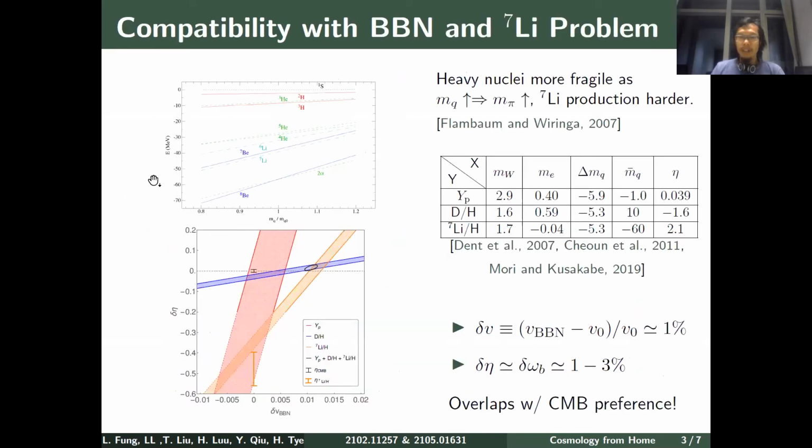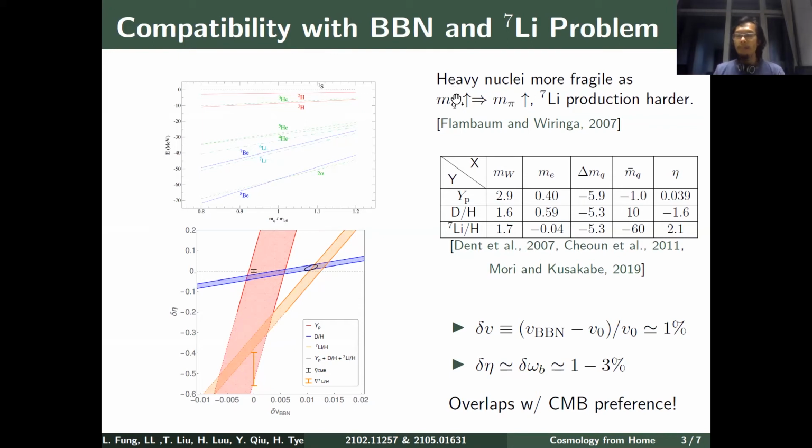Because of the change of the pion mass and all the subsequent changes, heavy nuclei, say lithium-7 and its progenitor beryllium-7, are actually pretty sensitive to light quark mass, more sensitive than helium-4 and the remaining light elements that need to combine and synthesize heavy nuclei.